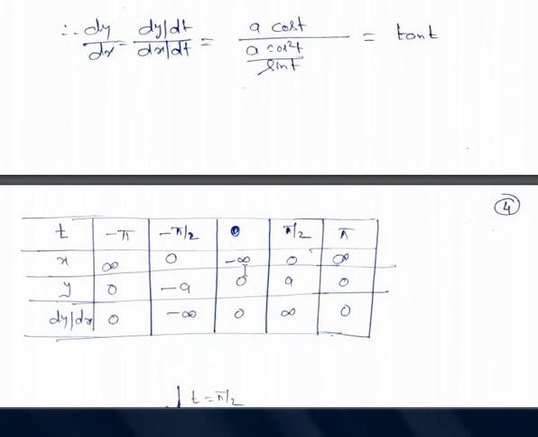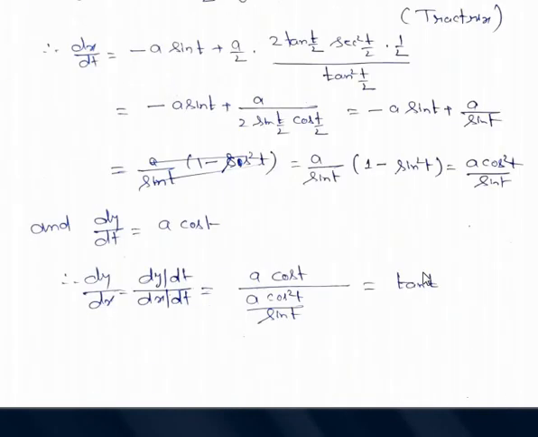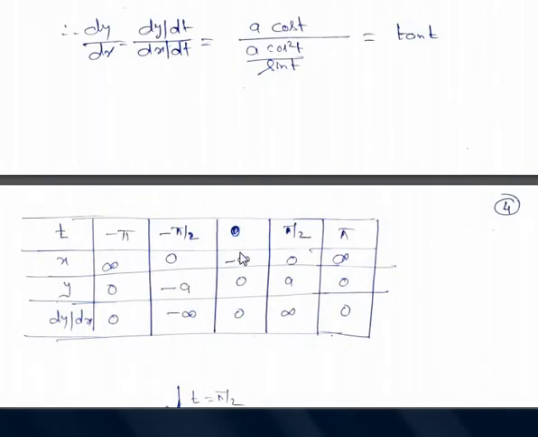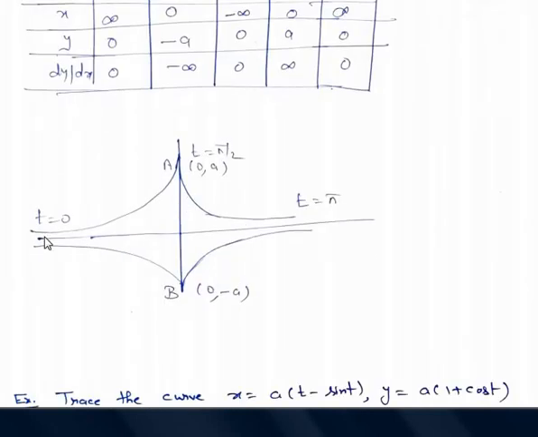So when t is 0, x is minus infinity, y = a sin 0 means 0, and dy/dx is tan 0 means 0.